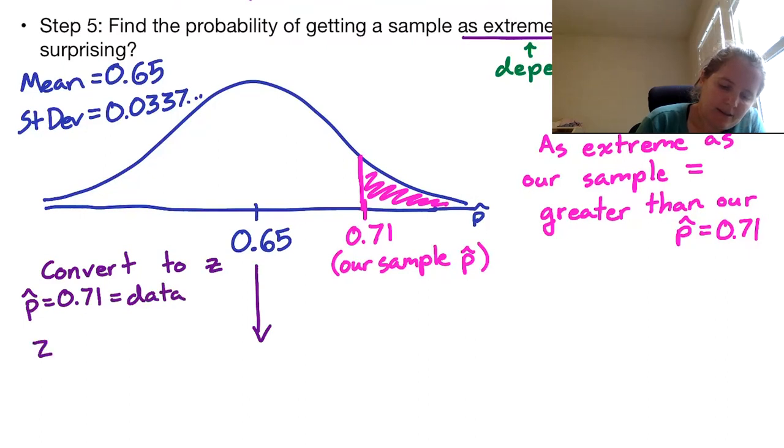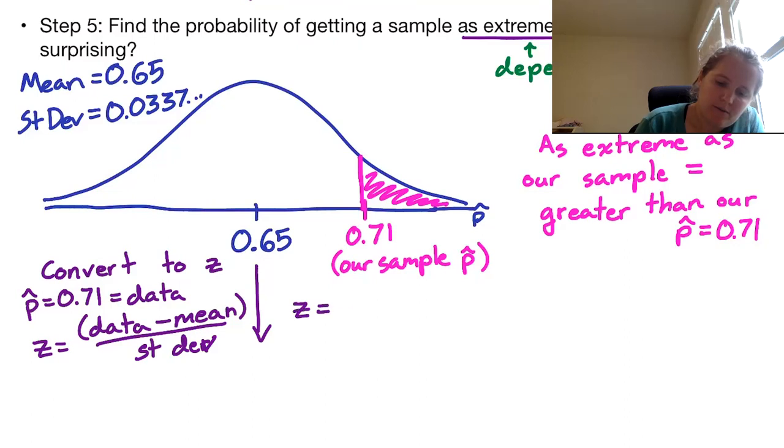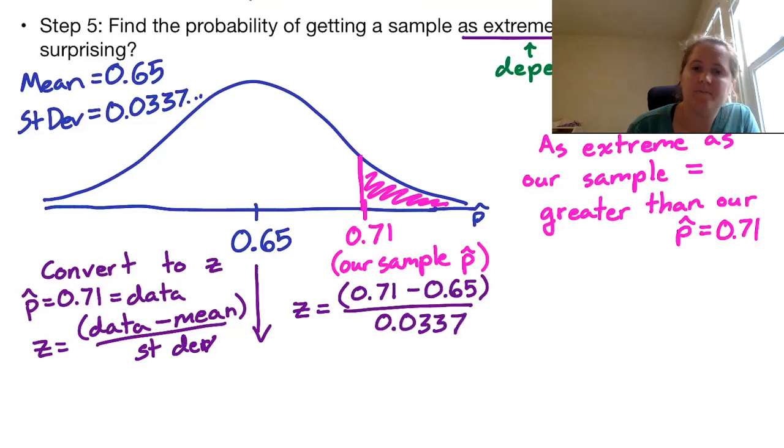So we have z is equal to our data value minus the mean divided by the standard deviation, or z is equal to 0.71 minus 0.65 divided by, I'm just going to use 0.0337.